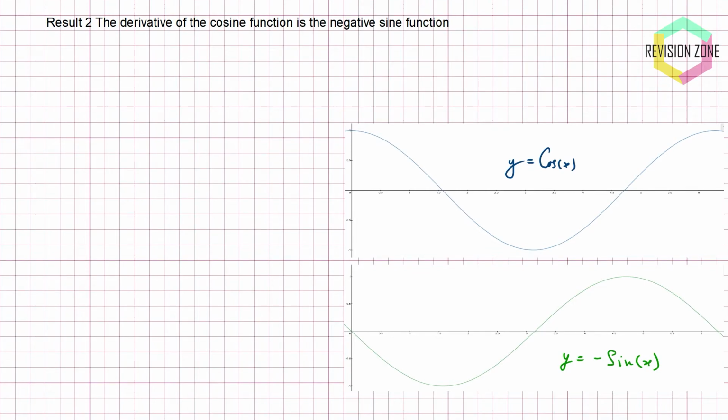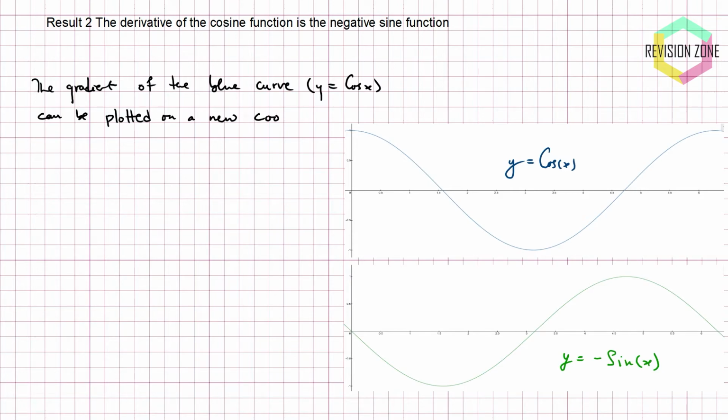So let's write this down. What I mean is the gradient of the blue curve, which of course is y equals cos x, can be plotted on a new coordinate system.